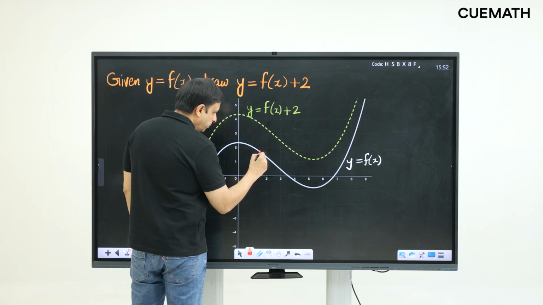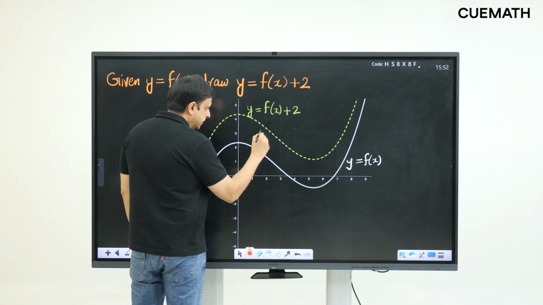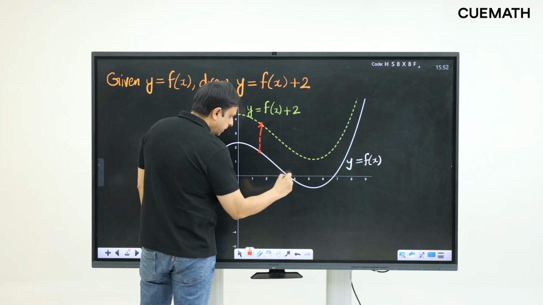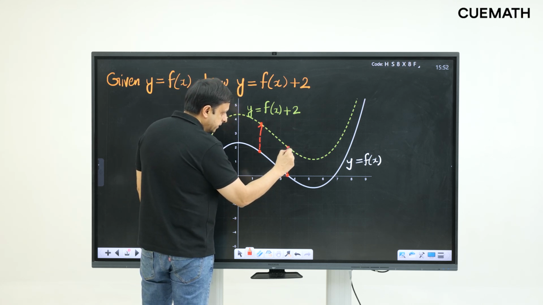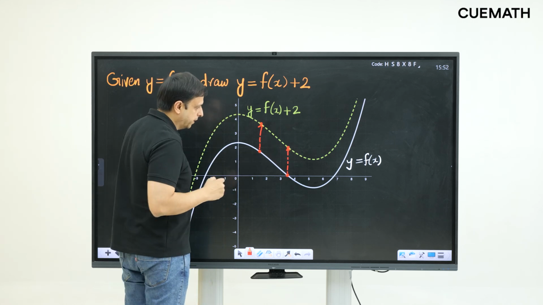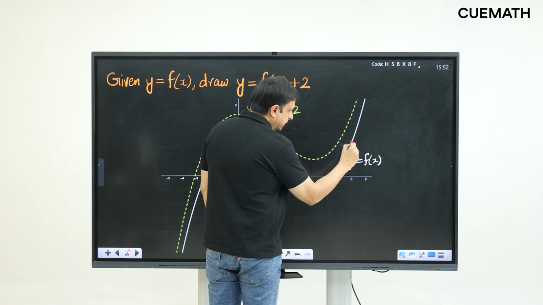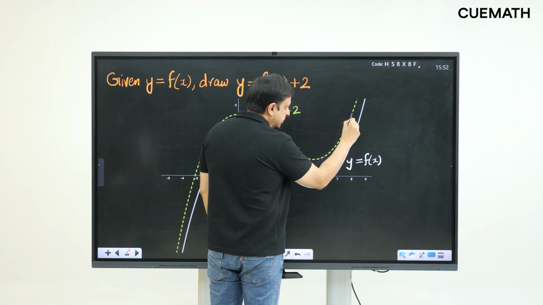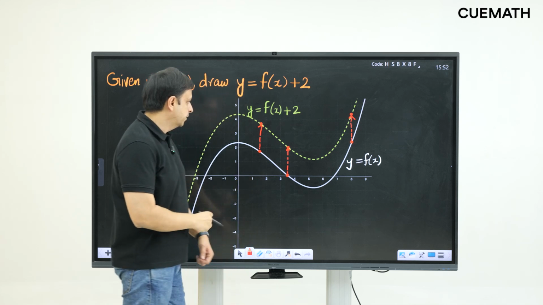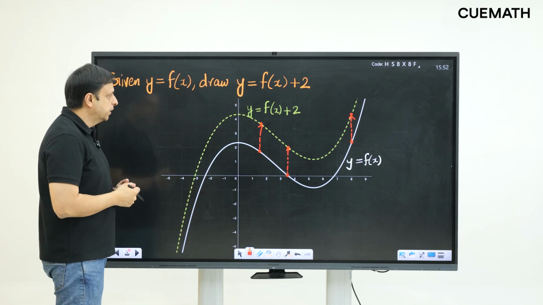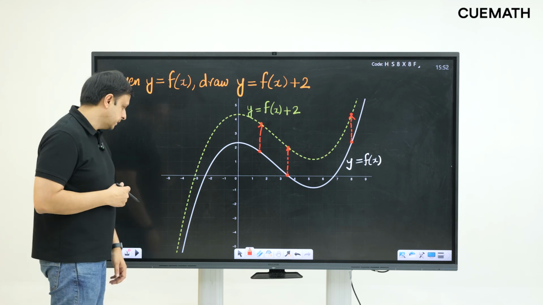For example, if we take this point over here, this point has gone up by 2 units over here, and let us take this point over here, this point has gone up by 2 units, and we have this new point over here. You will have the exact same behavior everywhere. So, the entire graph has lifted up by 2 units, and that is really the transformation that has happened here.